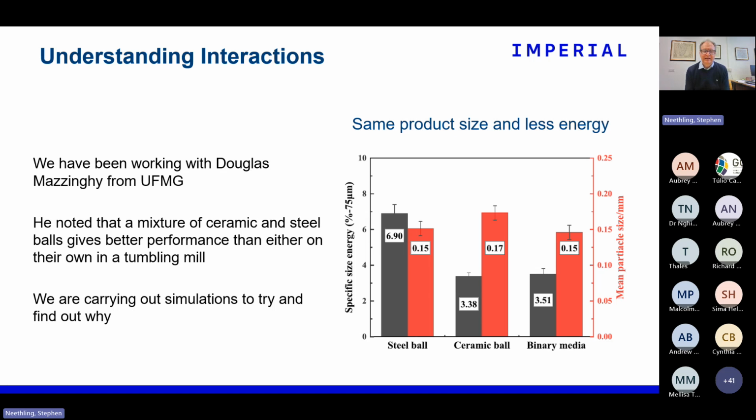He was getting equivalent particle sizes coming out at much lower energies. And the idea here was to do some simulations to try and understand what is happening in these systems and why they are different.